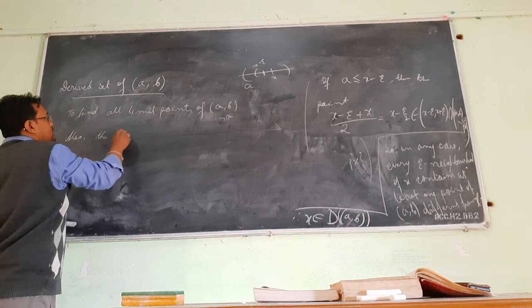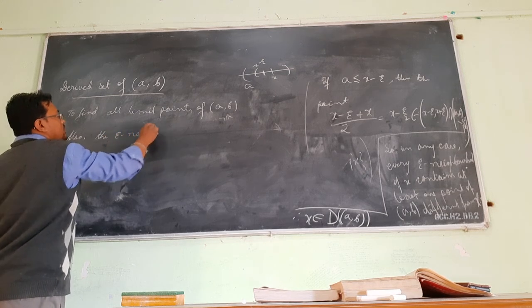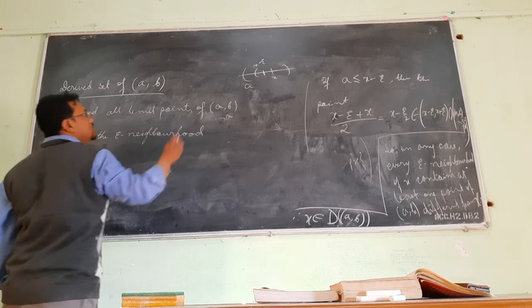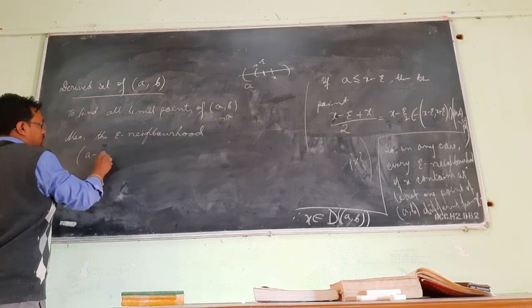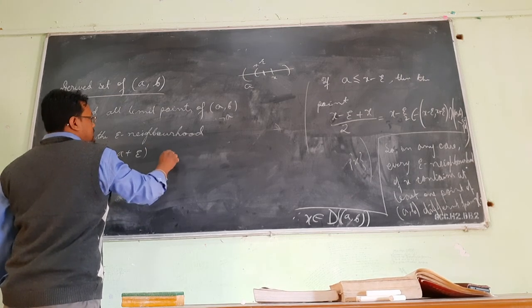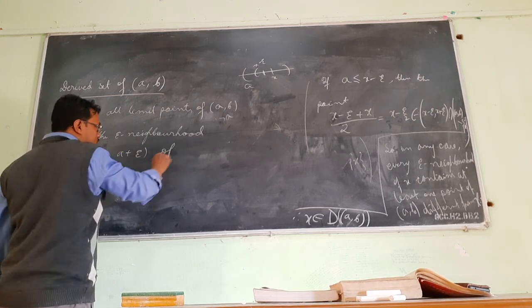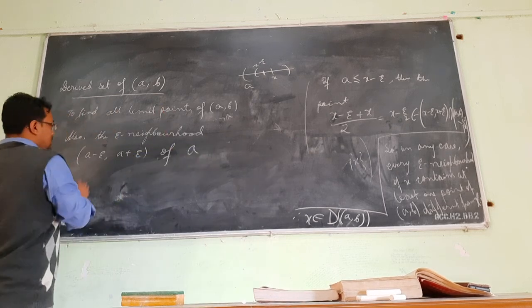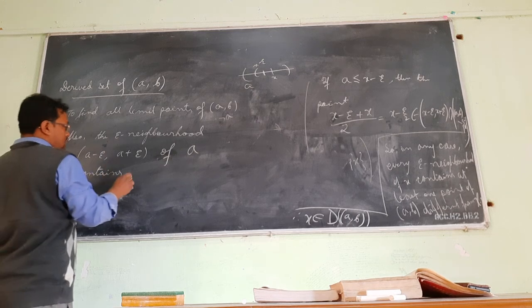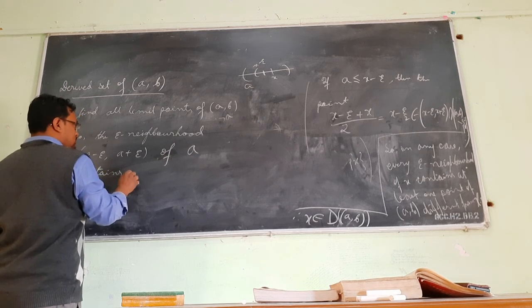The epsilon neighborhood of a, a minus epsilon to a plus epsilon, contains the point.